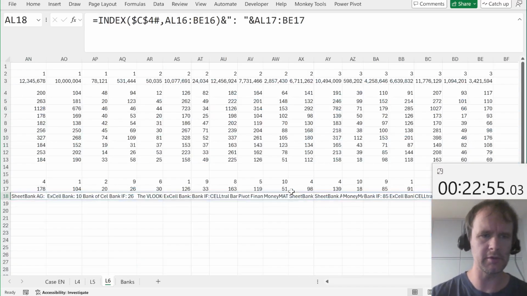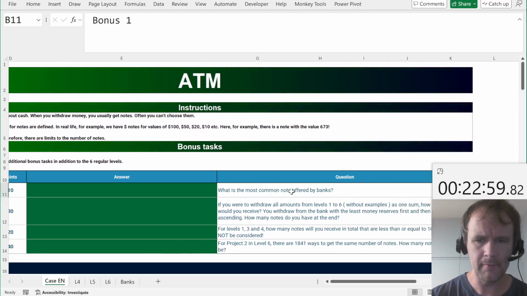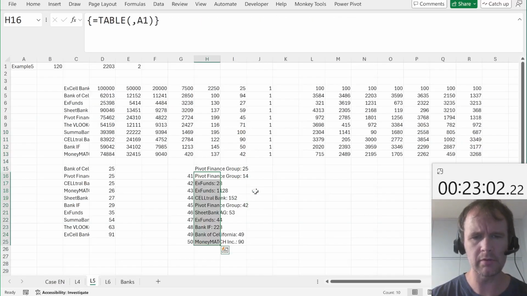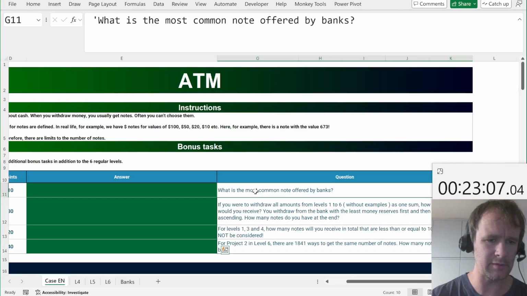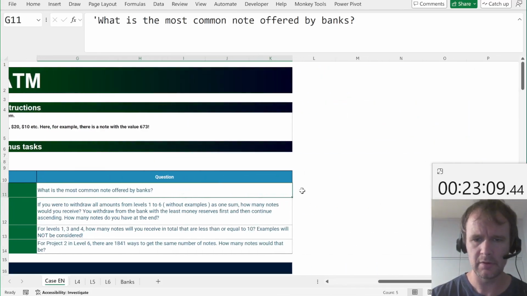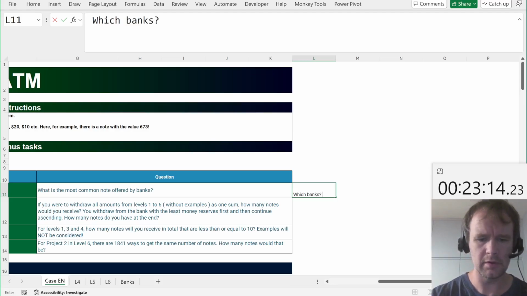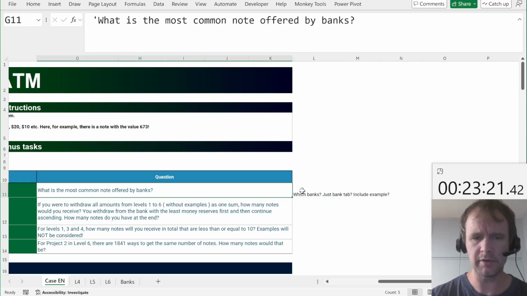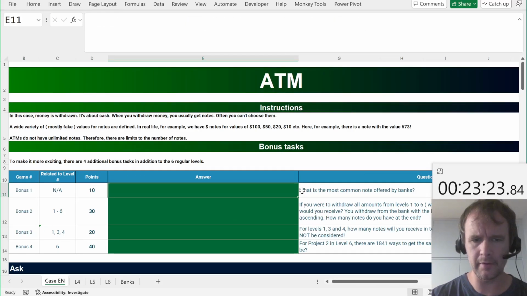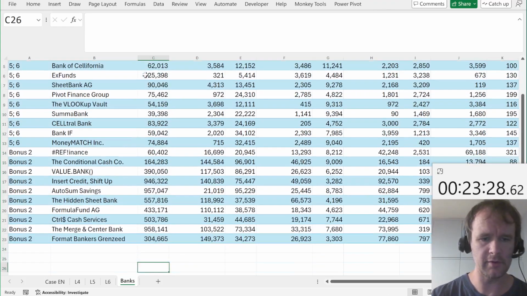Okay, so I'm assuming it just means these banks, including the example. I don't know. I guess I'll just put a note here saying which banks, just bank tab, include example, but for the time being, I'm going to assume it means every note in this table.